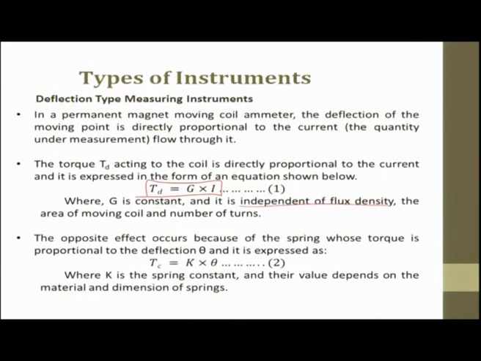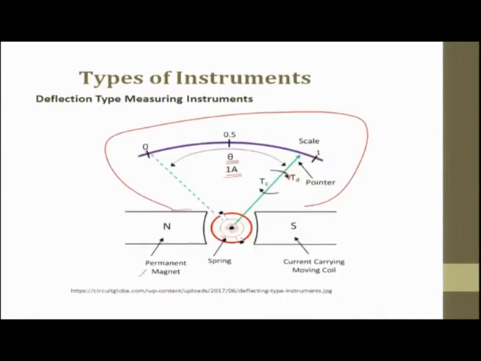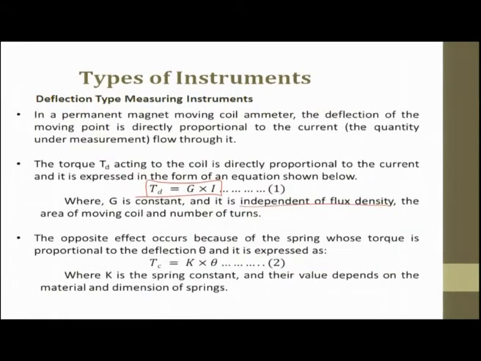Opposite to TD, you see, opposite to TD is TC. The opposite effect occurs because of the spring, whose torque is proportional to the deflection theta, and it is expressed as TC equal to K theta.